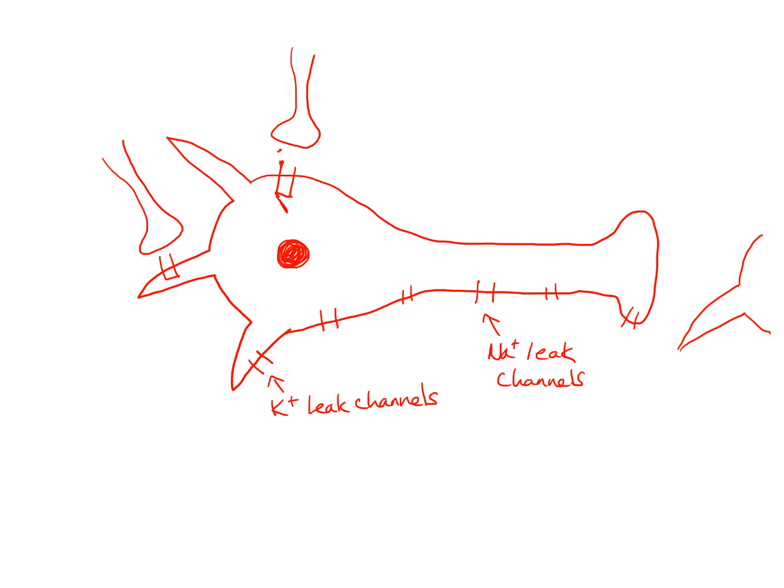And then we have our third type of ion channel, which are the voltage-gated ion channels. So we've got three different types.